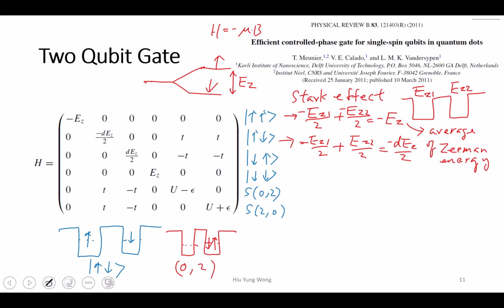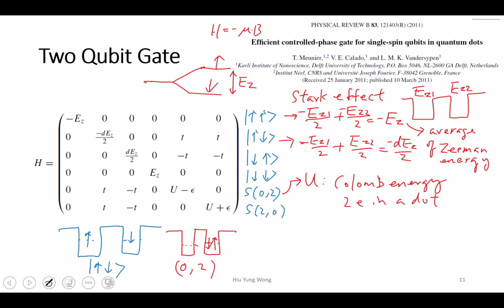So the U term is just talking about the total energy, the energy due to Coulomb, because you put them together. Basically it says the system's energy is much higher if you put them together. So this is the Coulomb energy when you put two electrons in a dot.